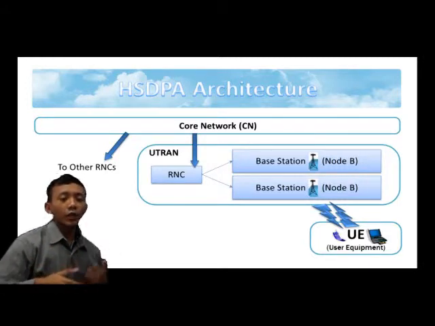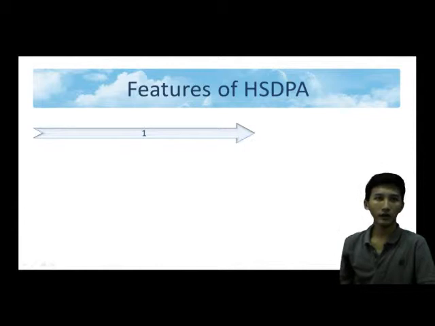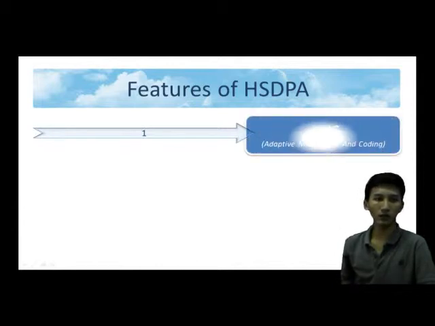I will hand over to Mr. Angga. Thank you. This is Choiril, and now I will present about the features of HSDPA. AMC, Adaptive Modulation and Coding. AMC is a key technology in HSDPA, a form of link adaptation in which feedback from the UE is used to determine the coding and modulation schemes to be used based on the CQI, channel quality indicator.